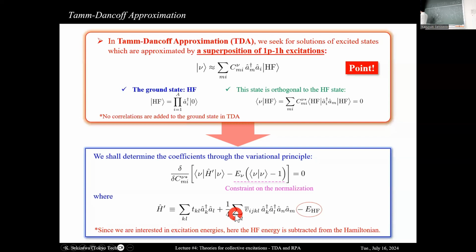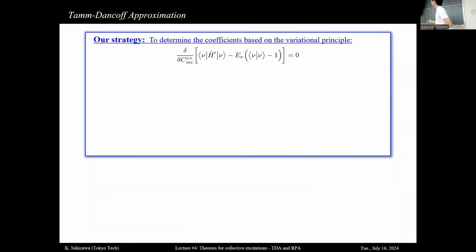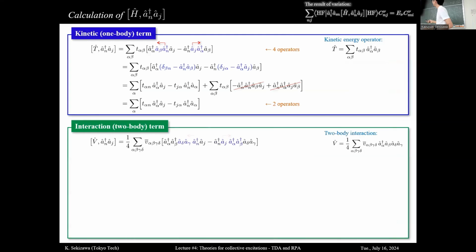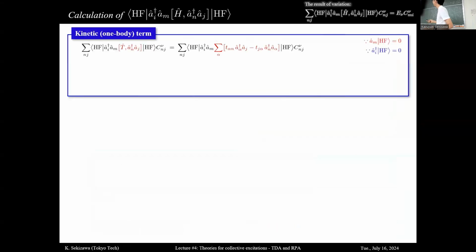And bar means it is anti-symmetrized, and so it means if we interchange the indexes, it will generate a negative sign. But anyway, this V bar is associated with this two-body interaction. So let me go back to the slides.